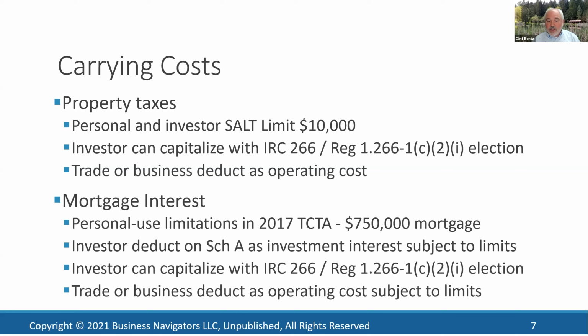So even if you have a Schedule C, you deduct the property taxes and the interest on the Schedule C rather than on the Schedule A. That gets you out of that $10,000 limit for property taxes, and you don't have the investment interest limit or the $750,000 mortgage limit on the Schedule C. So again, being a trade or business is a good thing because it basically gets us outside of those limits that personal use people and investors have on those deductions.